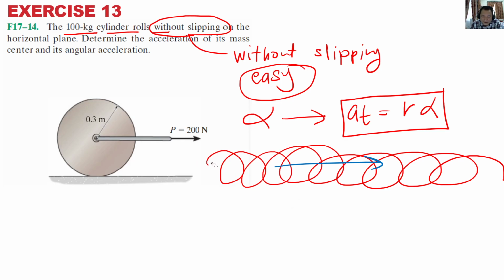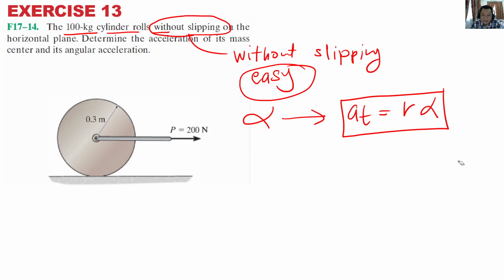Okay, so let's do this. A 100 kilogram cylinder rolls. Cylinder, so you have to find the I. First find I, which is half mr squared. Half, 100, radius 0.3 squared.